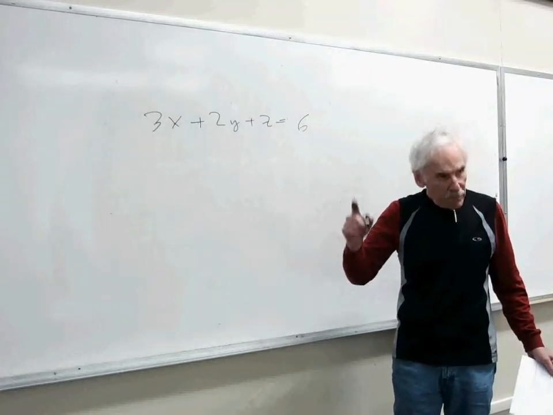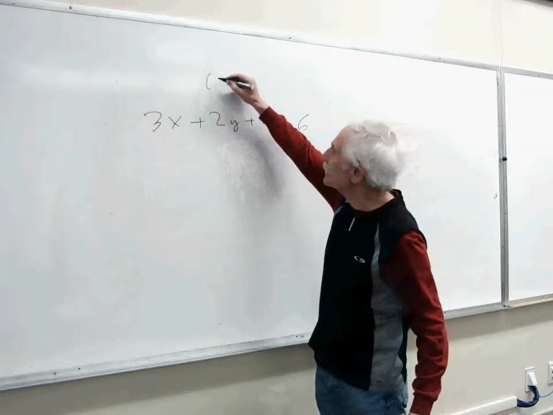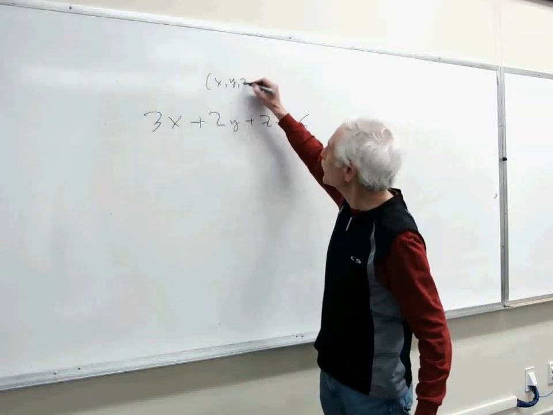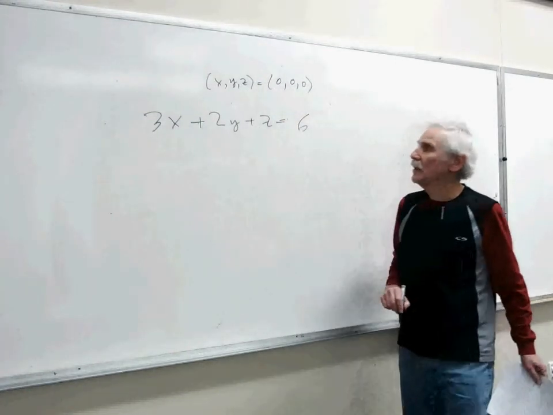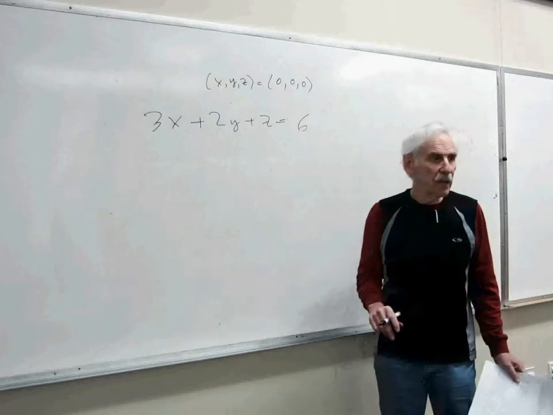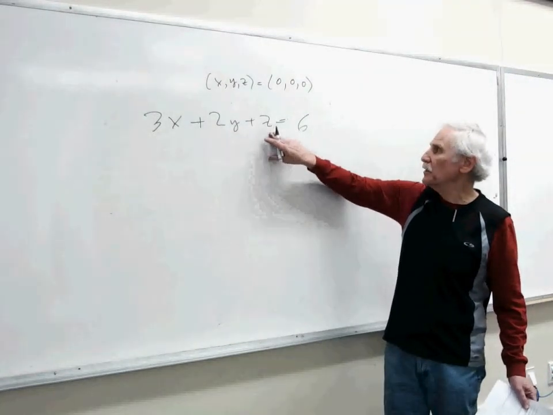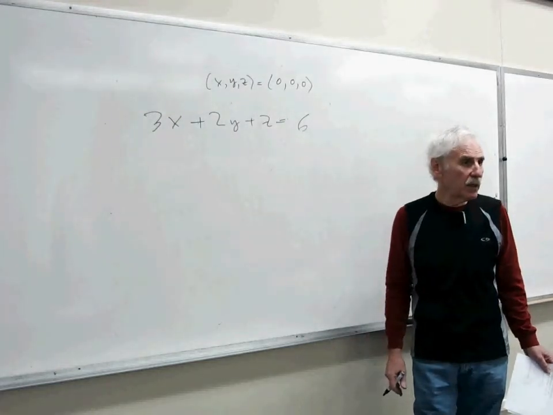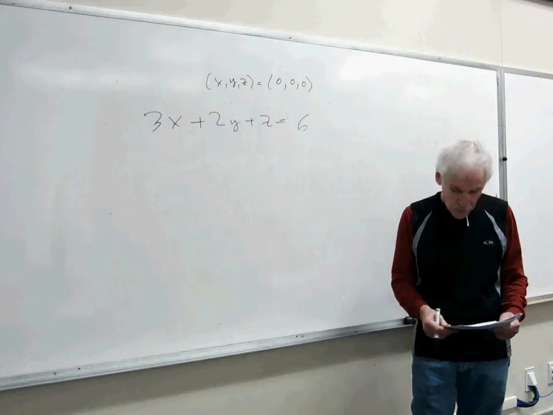The origin is x, y, z equals 0, 0, 0. So 3 times 0 plus 2 times 0 plus 0 does not equal 6. Oh, I see. It does not contain the origin. I guessed at that, I got it right. Okay. The object does not contain the origin.